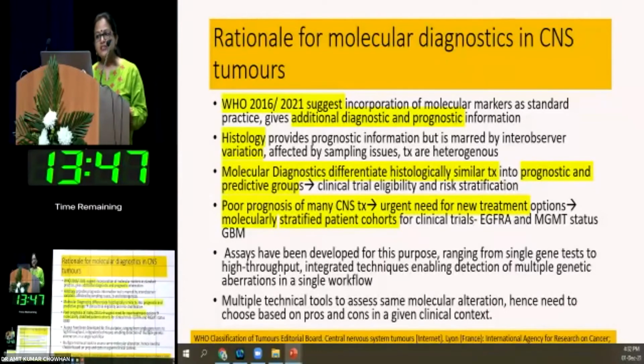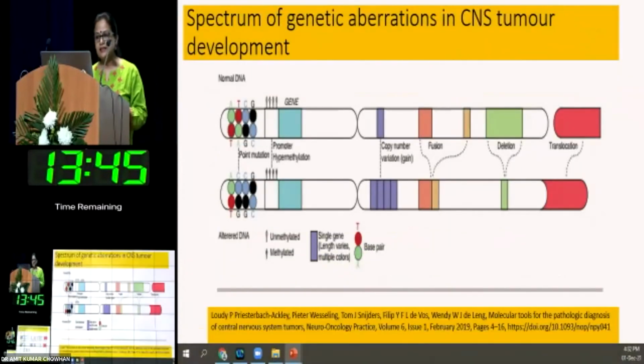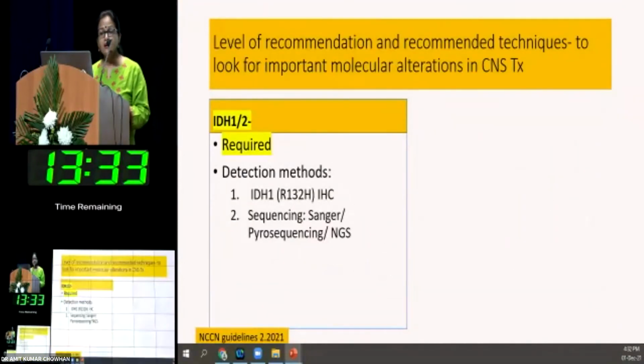So this is a rationale for molecular diagnostics in CNS. The spectrum of genetic aberrations that are available in CNS tumors encompass promoter hypermethylation, copy number variations, fusions, deletions, translocations. And I would only look at the important ones according to the latest NCCN guidelines.